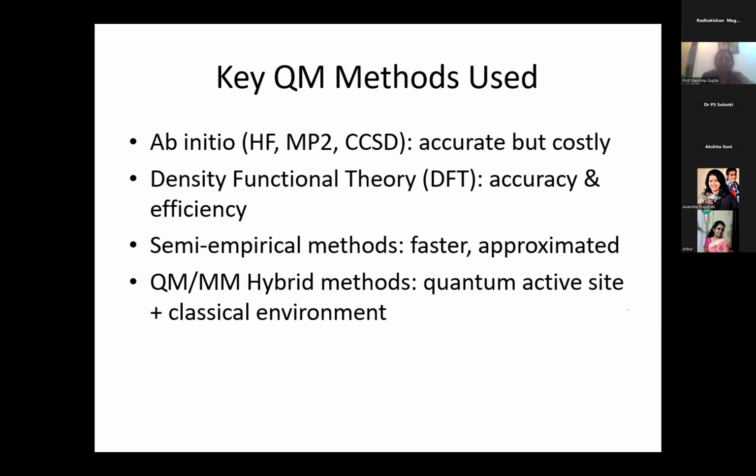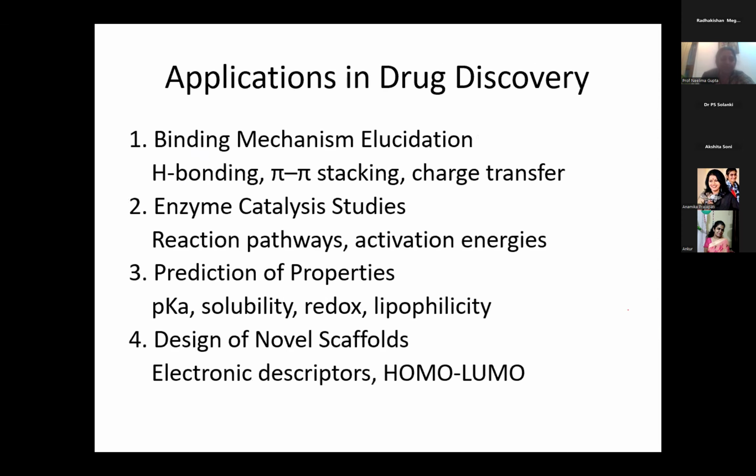So QM/MM hybrid methods treat the biomolecule, the larger system or the environment, with molecular mechanics, and the active site of the protein and your drug candidate can be treated with quantum mechanics. So you get pretty accurate results about the type of interactions and the quantification of the interaction.